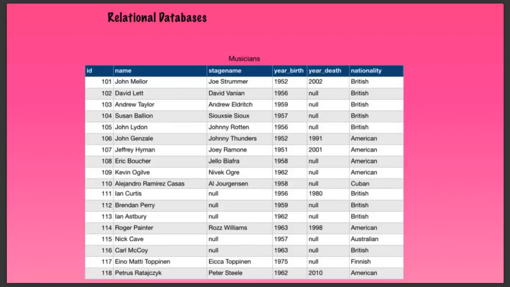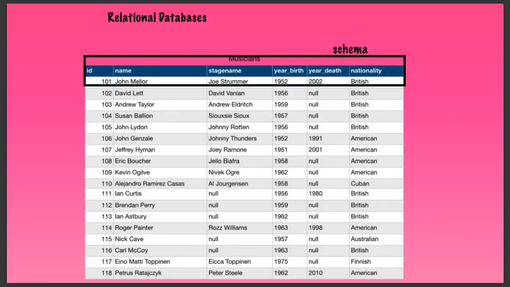So just as a way of comparison, looking at a traditional relational database, I have a table of musicians. At the top, the rows list the schema, where I have some sort of ID number, a name, stage name, and some other information. And this has to be designed ahead of time.